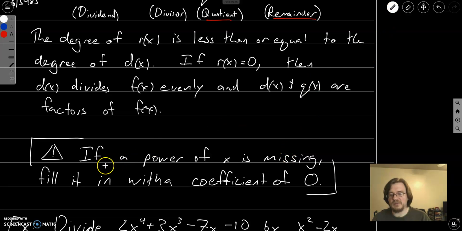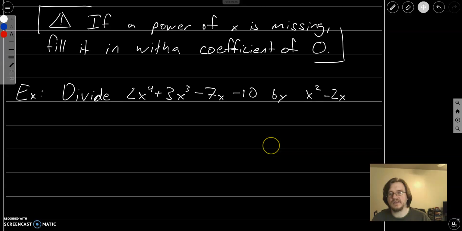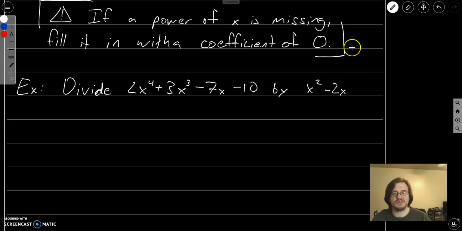If a power of x is missing, we need to fill it in with a coefficient, and this is very, very important. So I just want to go through an example to demonstrate exactly what's going on here. So I want to divide this polynomial, 2x to the fourth plus 3x cubed minus 7x minus 10. So we'll start writing down all of the powers of x in here.